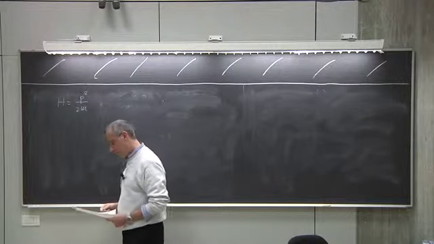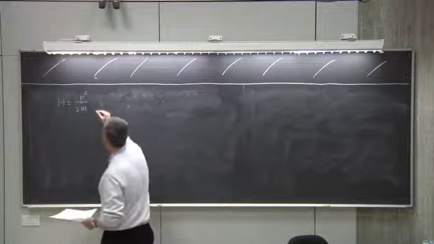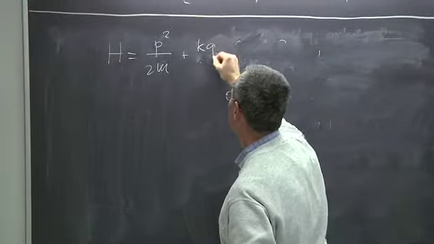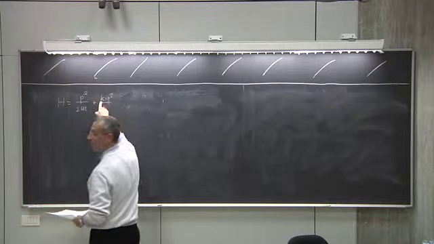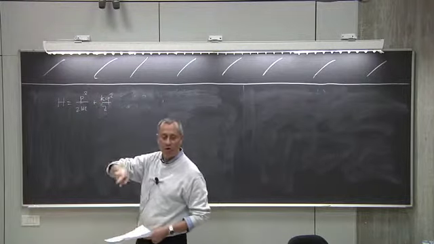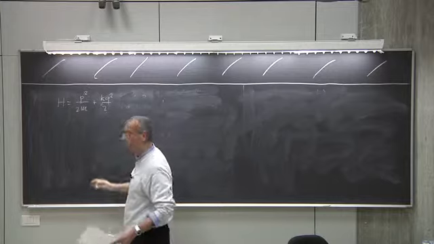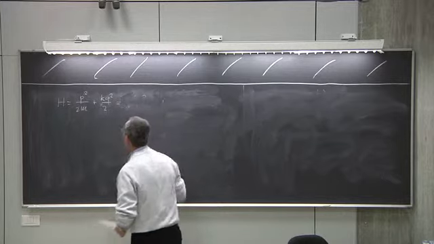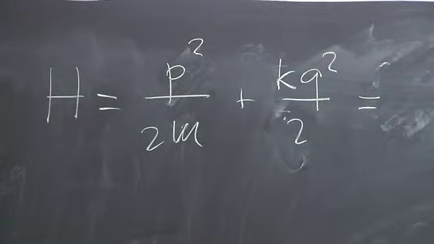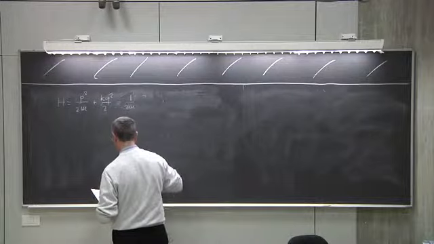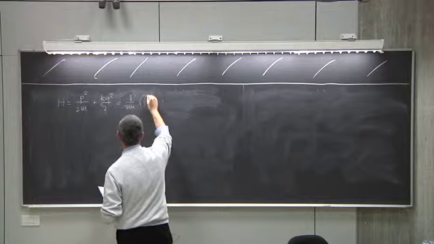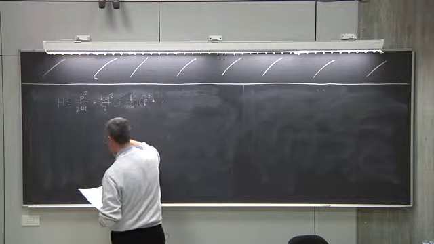Okay. Or, let's do it like this, for instance, first. If I have a spring with the spring constant k, okay, should I say more? No. Then let's write it in a nice way. I guess the quantum mechanical way is to introduce this omega, right?